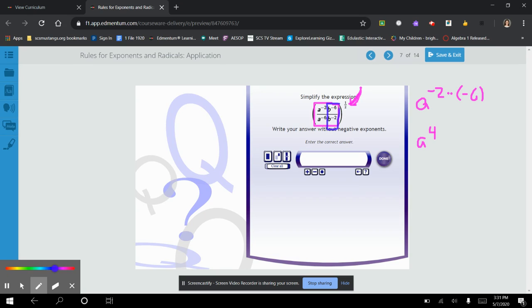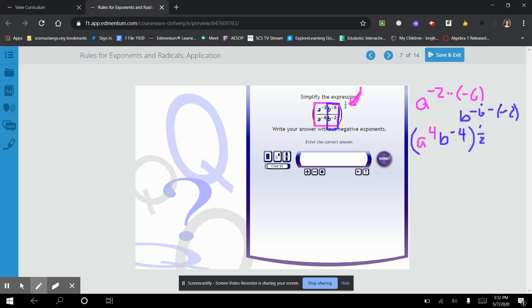I've got b to the negative 6 minus negative 2. So put that in your calculator really quick to check it. That's going to give us a b to the negative 4. And then that's going to be in parentheses. Don't forget your to the negative 1/2.